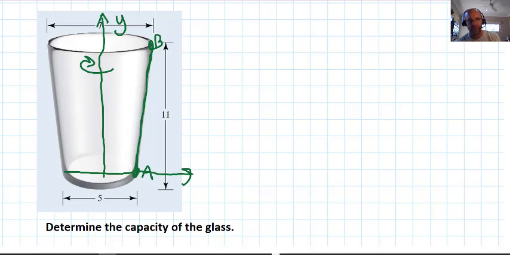If we're looking at the capacity of the glass, we are not calculating the volume of glass required to create this receptacle. We're looking at the capacity of the glass, so therefore we want basically a volume of revolution of a solid.